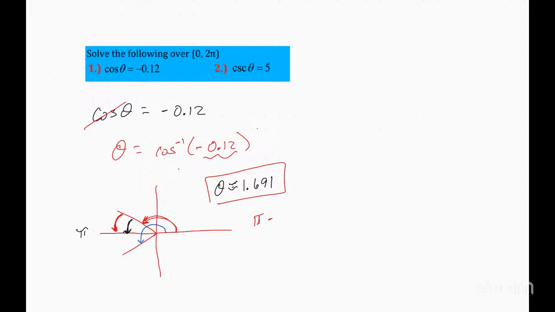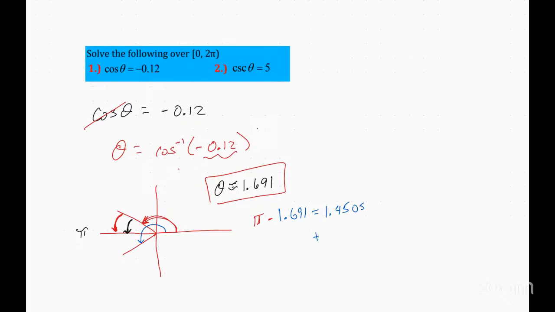Yeah. And that gives you the blue one. Do you understand why? So pi minus 1.691 gave you 1.4505 roughly. And then add pi back to that.